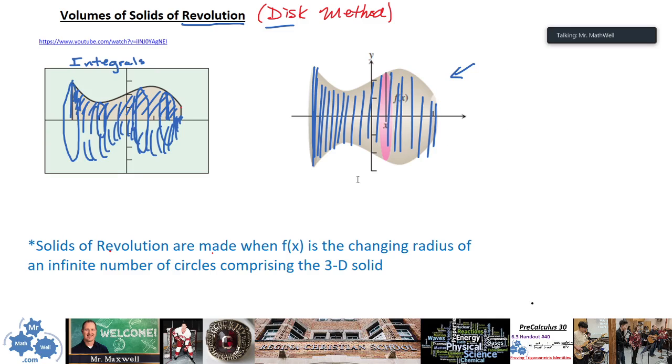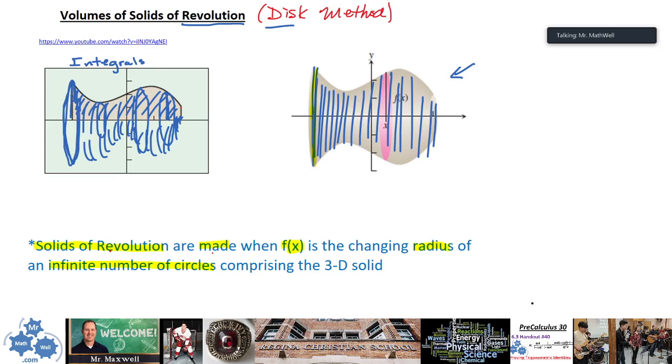So solids of revolution are made when f of x is the changing radius. So the radius of these circles, or an infinite number of circles, I should say. Circles would be the 2 dimensions. Spheres would be 3 dimensions.